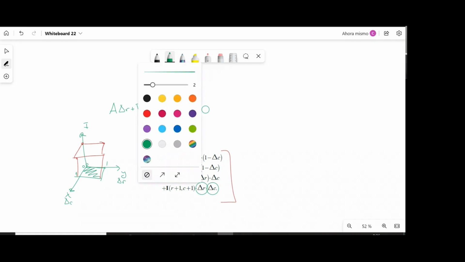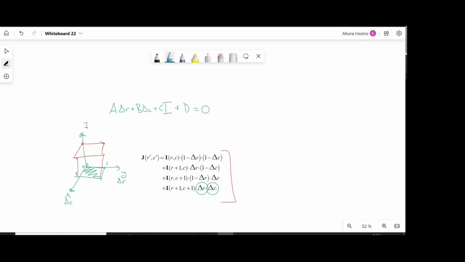So my terms should always be of degree 1. And here it seems that I have terms of degree 2. This is a term of degree 2. I have the product of the terms. So, all the time, it seems that we are having products.